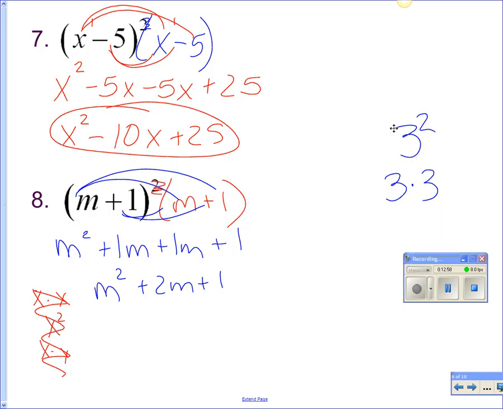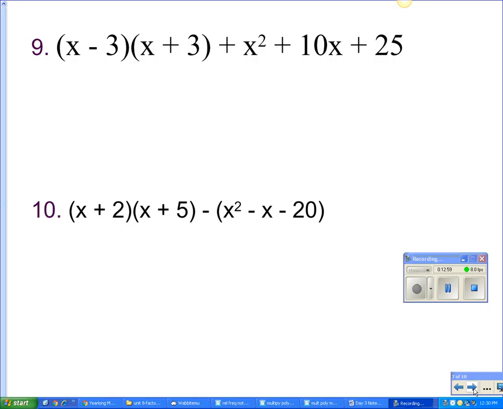Okay. Number 9, x minus 3 times x plus 3 plus x squared plus 10x plus 25. All right, what do you think we're going to do first?